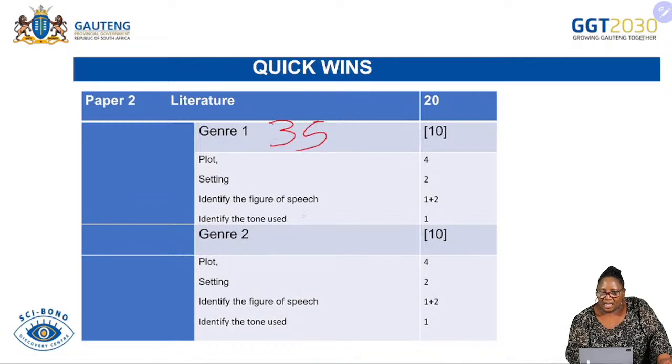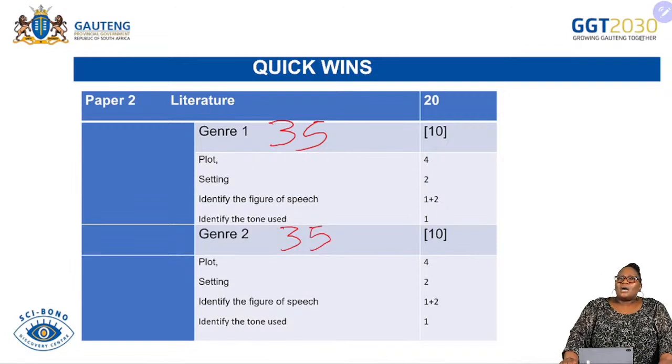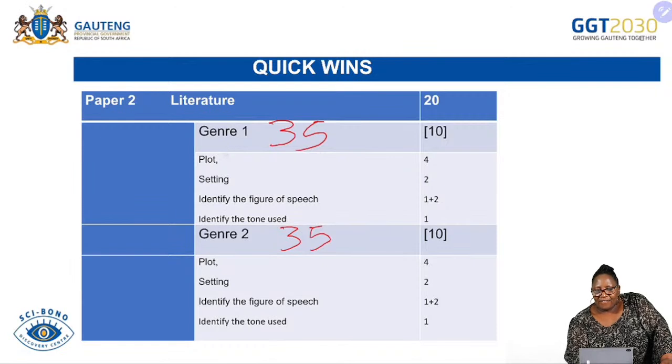Genre, what do I mean? The set work. The first set is either your novel, your drama, short story, or poetry. Genre number 1, we have questions on the plot, and those questions are for 4 marks. If you ace them, you get 4 marks.